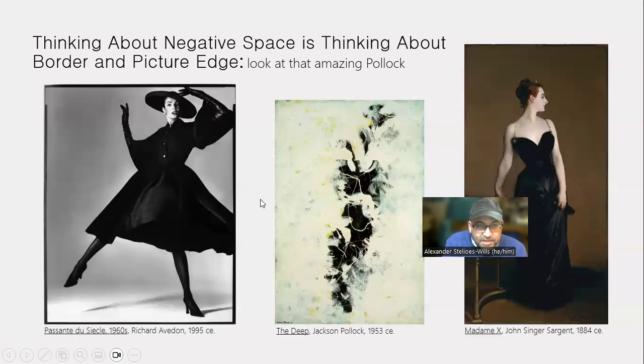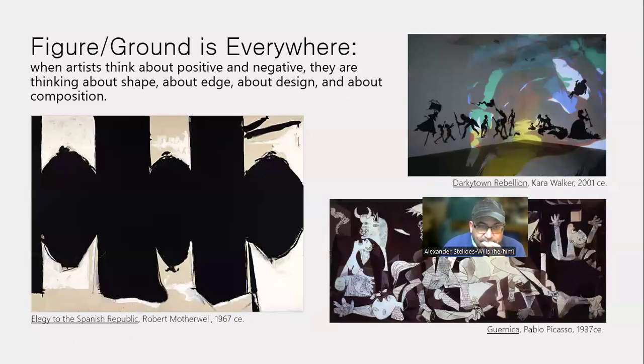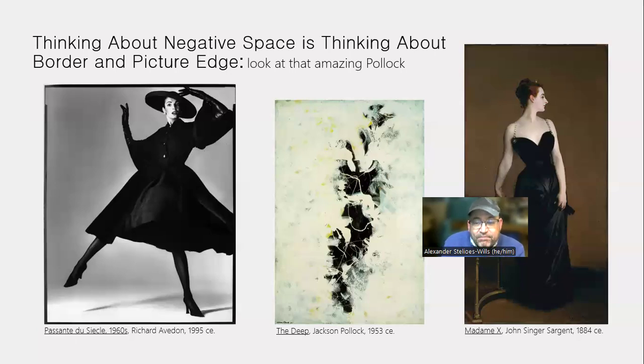And there's the positive shapes as well, but it's about this interaction between the positive and negative shapes. I do want to say The Deep is one of my favorite paintings by Jackson Pollock. And I adore it. It's so unlike so much of his work, but I just think it's such a cool painting.